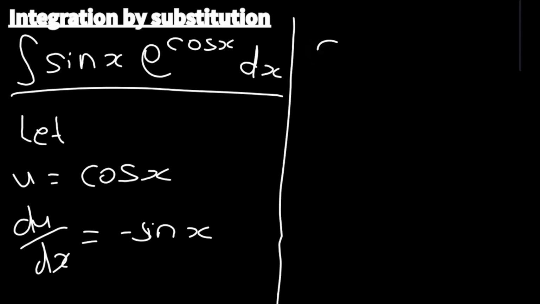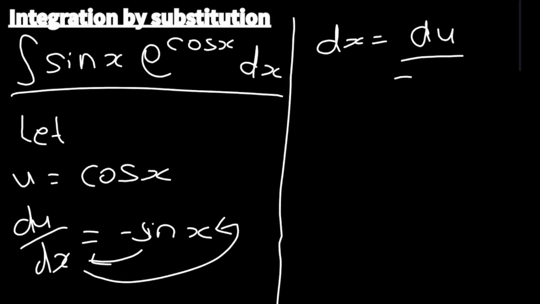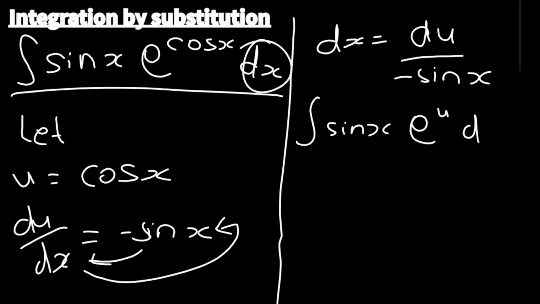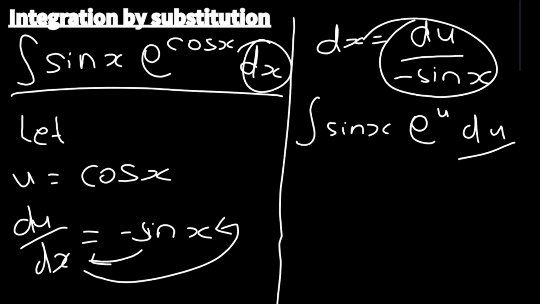We make dx the subject. Take dx the other way. Bring sine x the other way. We have du over negative sine x. We can substitute everything in our initial integral: sine x e raised to u, dx, which is now du over negative sine x. Sine x cancels out with sine x, and the negative sign we push outside because this is like negative 1.